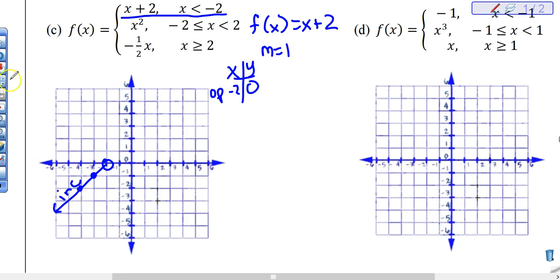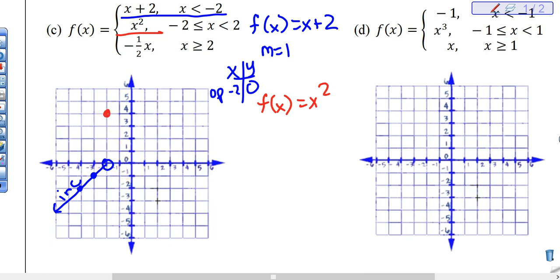Okay, so first part down, switching colors. We're going to do this one. So f of x equals x squared. That's the parent function, the quadratic, the parabola. And we're graphing that between -2 and +2, inclusive on the -2, approaching the +2. So let's plug in a -2. -2 squared is 4.